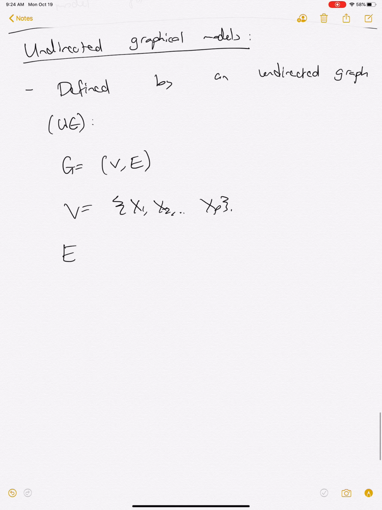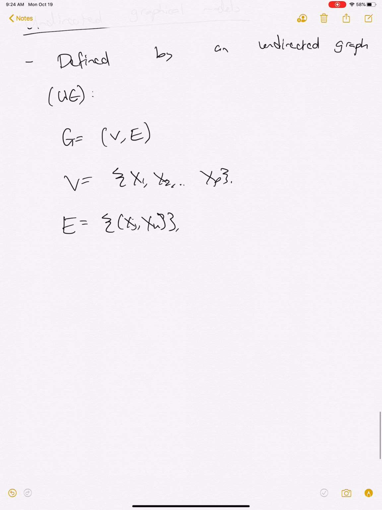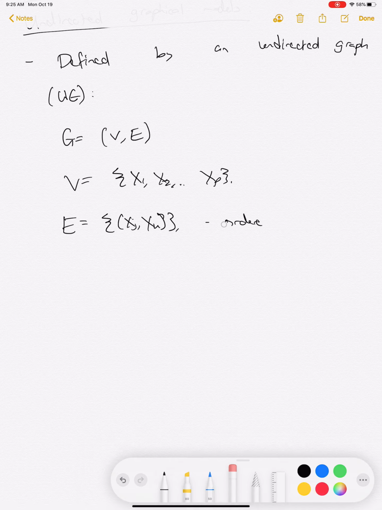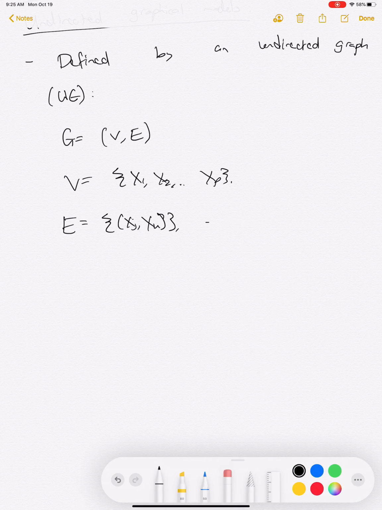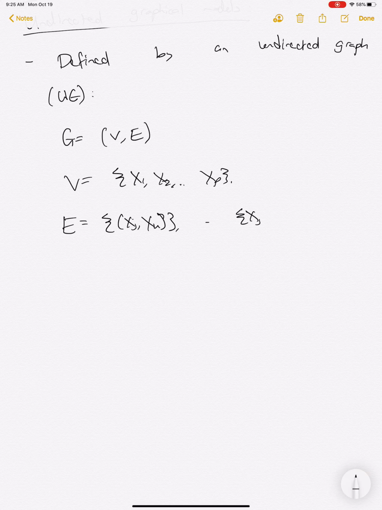And then E is again pairs of nodes, but the order of xj, xk does not matter. So the edge (xj, xk) and (xk, xj) are the same edge.